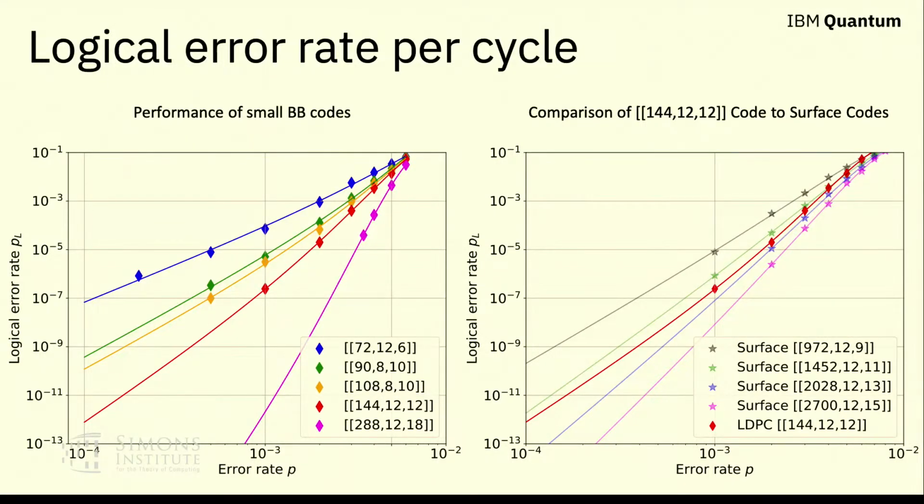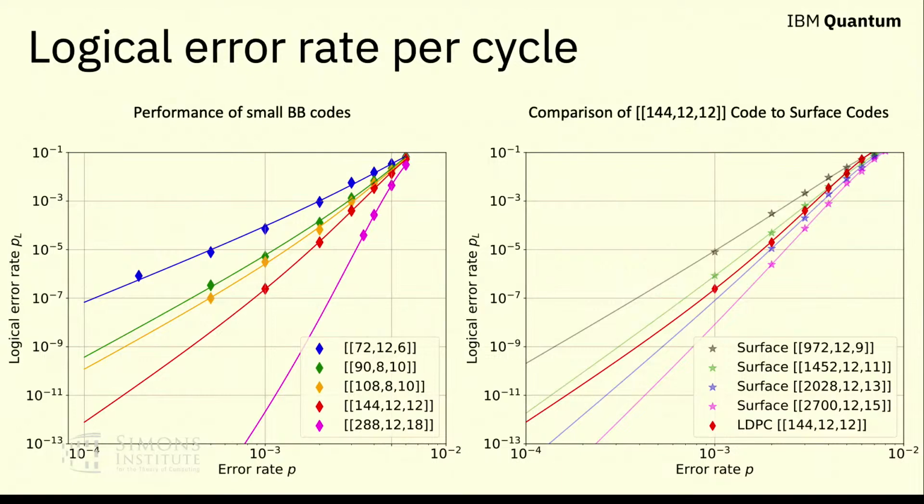I think what's really interesting is the comparison of the bivariate bicycle code with the surface codes. Here the stars indicate surface codes from distances 9 through 15. And we can see that this LDPC code, this 144.12.12 code, is performing just about as well as we expect.